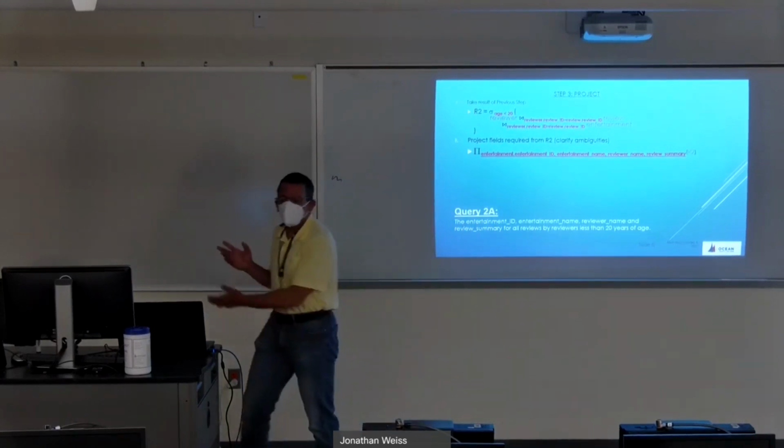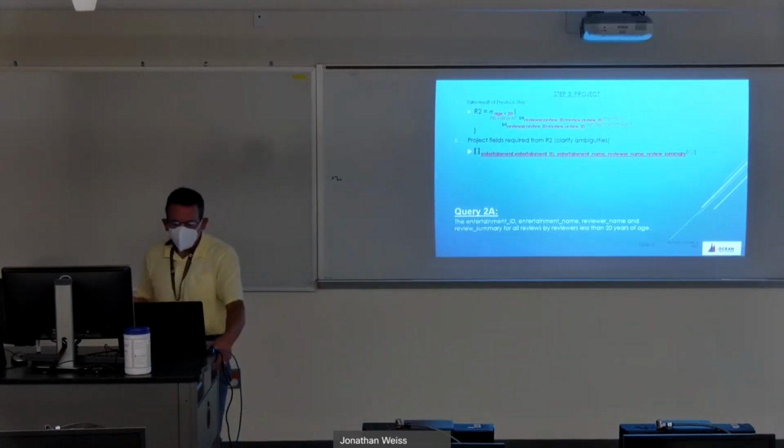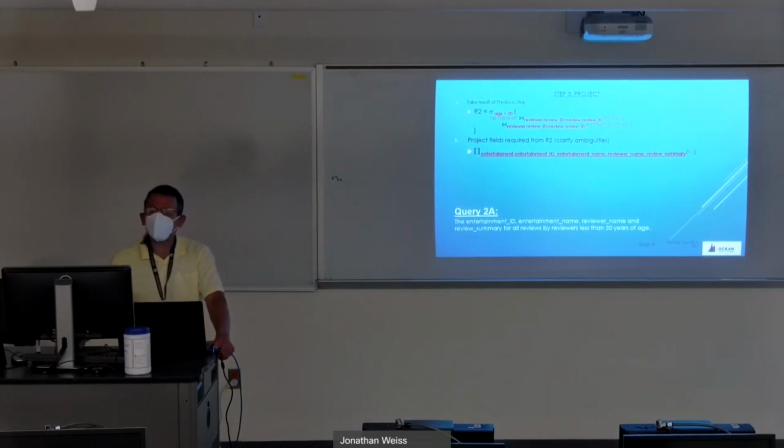Now, if you want to, you could put the table name dot field name in front of all these things, but you don't have to because these other names are unique. It would not be wrong to do that if you want to be safe, and you don't want to worry about whether you properly qualified something or not. You can put the relation name in front of each of these with the dot. Okay, so you would be projecting from your R2.